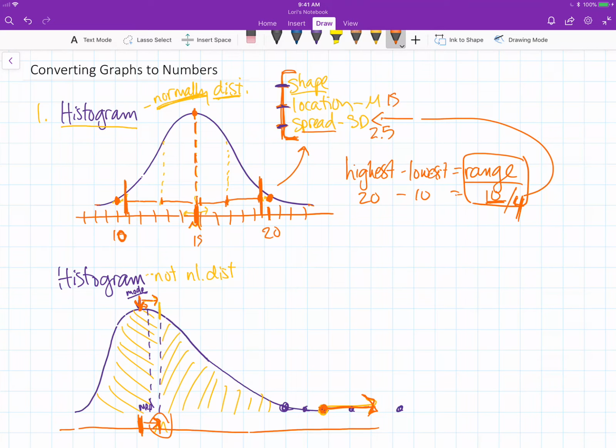And then the same kind of rule applies if we're looking at median and mean, or with standard deviation and interquartile range: if we take our highest non-outlier value on each end and divide by 4, that should give us approximately either our standard deviation or the interquartile range.